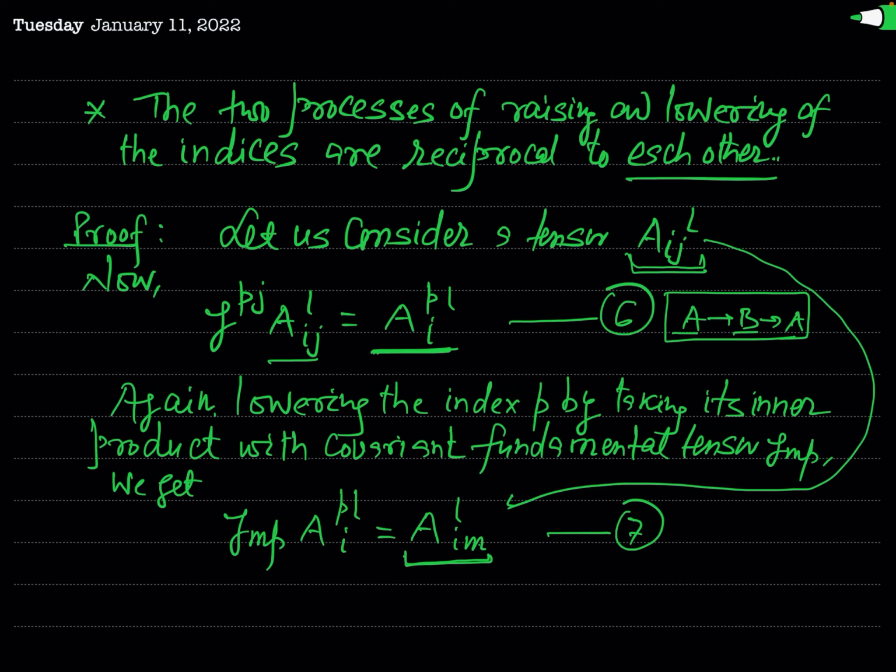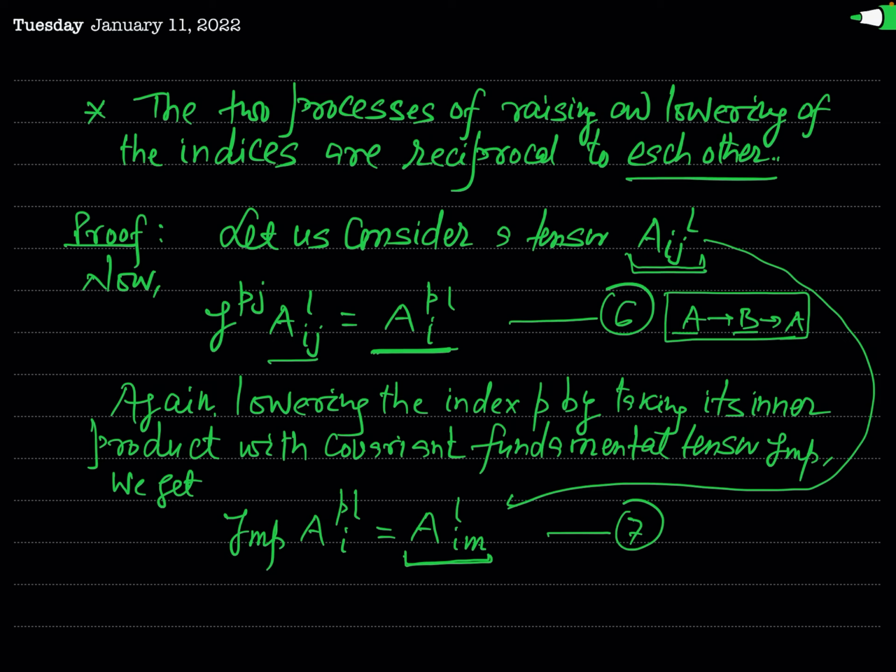So this is the concept of the associated tensor. In a nutshell, as a summary, whenever the process of raising of a suffix or lowering of a suffix is performed on a given tensor by taking the inner multiplication of the given tensor with the fundamental contravariant tensor or covariant tensor, then the resulting tensor obtained is called an associated tensor.